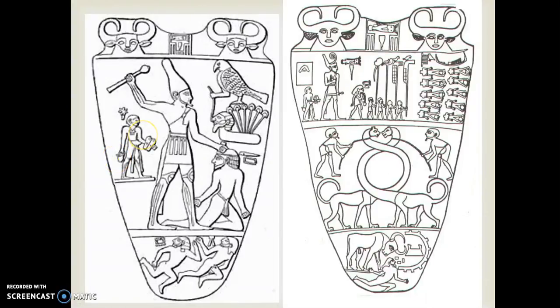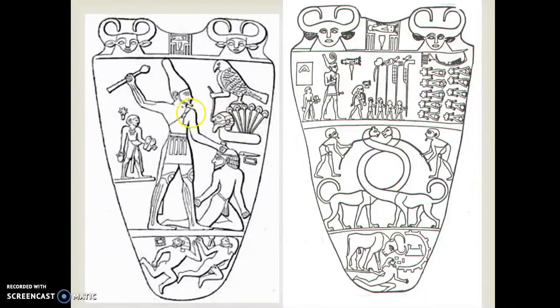The bird up here is another representation of the gods, and he's standing on this papyrus blossom. So this is the falcon god Horus, and these papyrus blossoms are really important to their culture because they would unroll them and use that to write on.